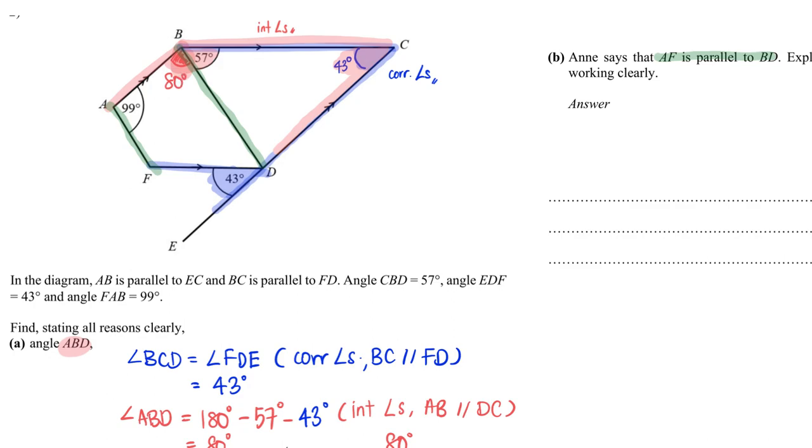So how can we prove this? Now, if they are parallel, then the interior angles add up to 180 degrees. But if they are not parallel, then the interior angles do not add up to 180 degrees. So all we have to do in this case is just to check whether angle BAF and ABD add up to 180 degrees or not.